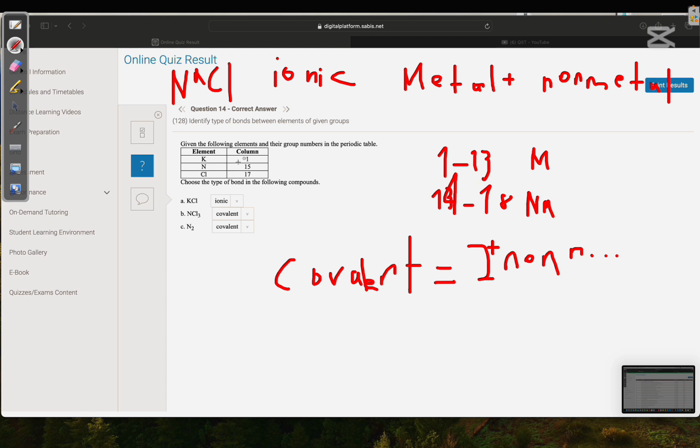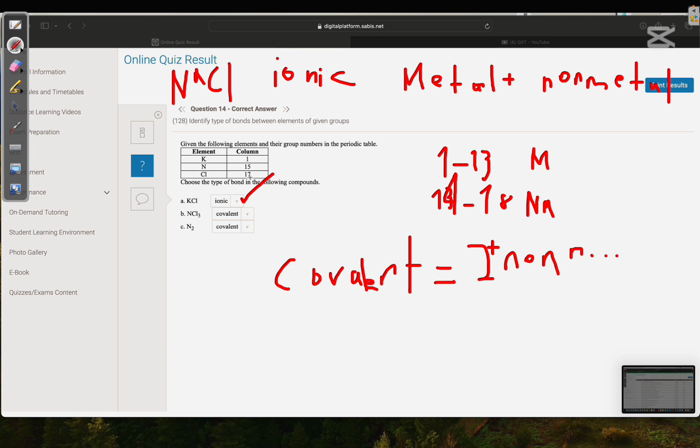Okay, so let's start with KCl. K is in group 1, which is a metal, and then Cl is a non-metal because it's in group 17, so it's ionic. Nitrogen trichloride.